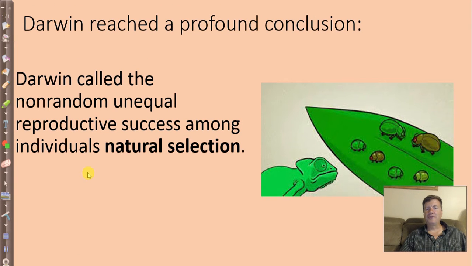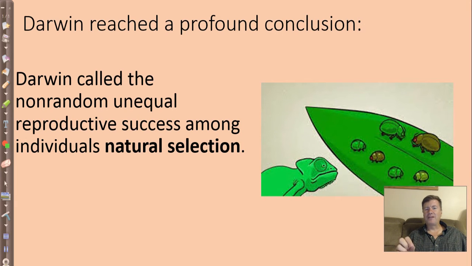What Darwin did was he called this non-random, unequal reproductive success natural selection. There's a lot of potentially complicated words in there. Non-random, that is, all of us don't have an equal chance. Some of us are going to have a better chance than others of doing certain things, like running the 40-yard dash quickly, or avoiding heart disease, or avoiding cancer, or using resources a little better based on our metabolism.